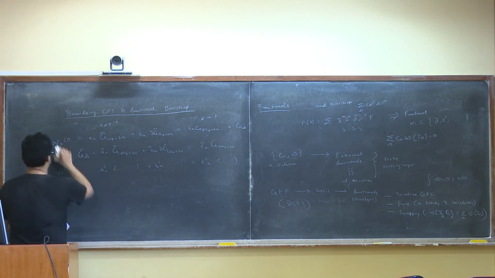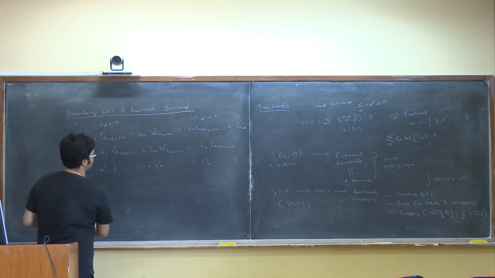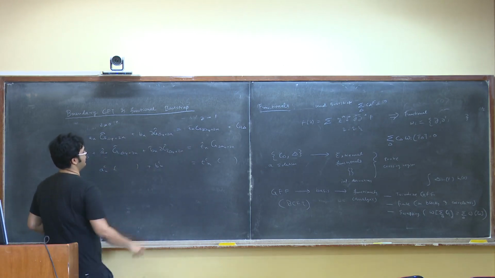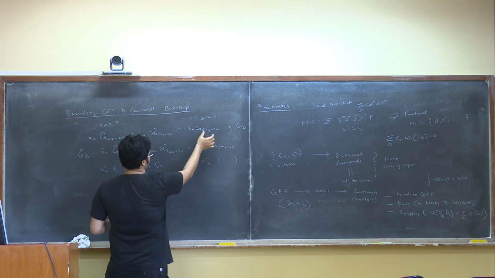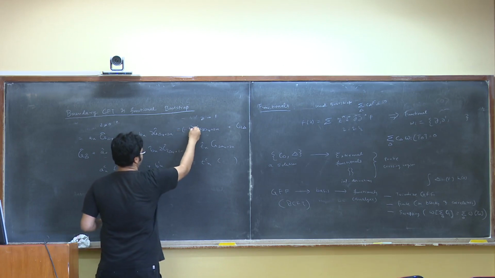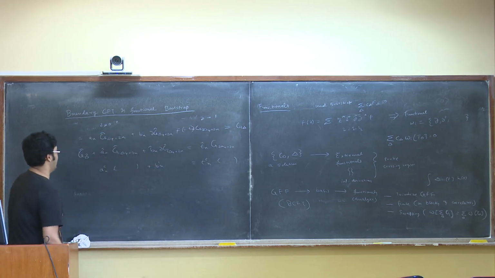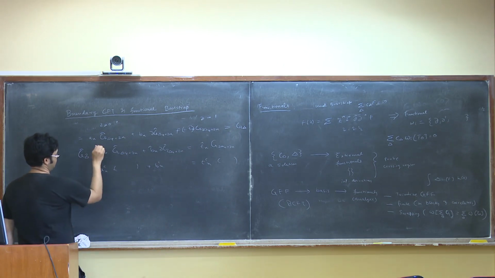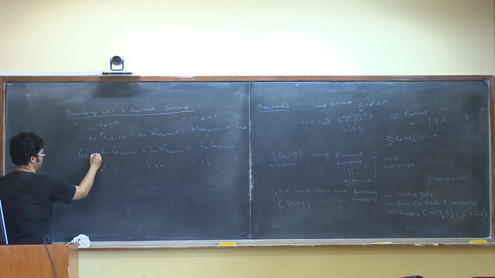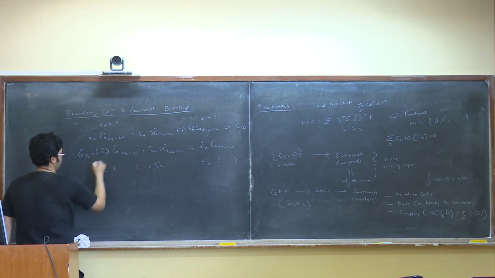For these equations, let me just do some exchanging of terms. Let me bring this term on the left-hand side. So I have something like this equal to that. And let me bring these two terms from this equation on the right-hand side. So I have something like this with minus.